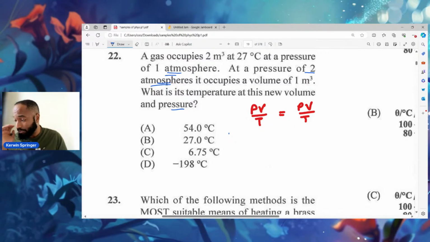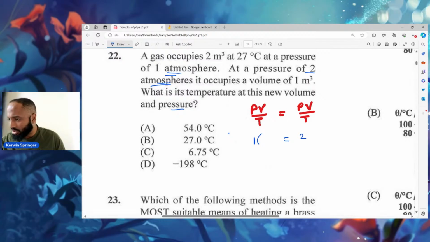But the temperature could pose a problem. So pressure here is 1. Pressure here is 2. Volume here is what the gas occupies. Oh, they reverse the idea. See what they do.